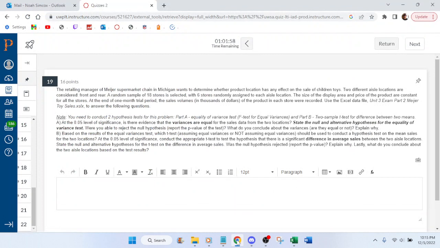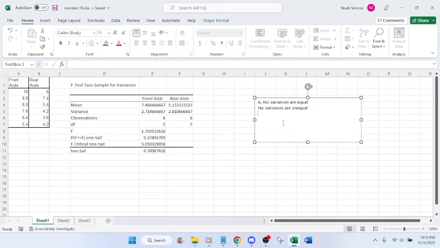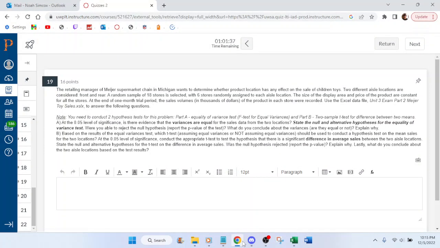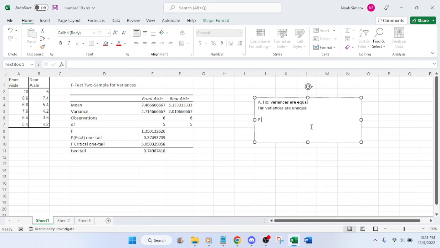Because it's equal or unequal, I'm sure. Variances are equal.